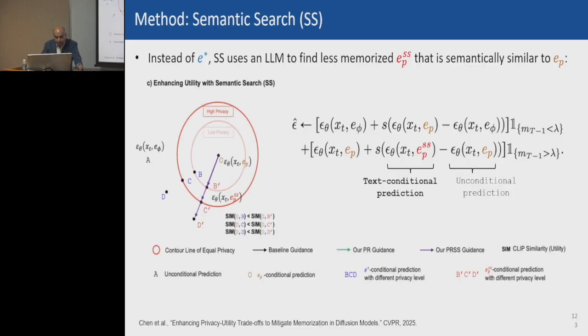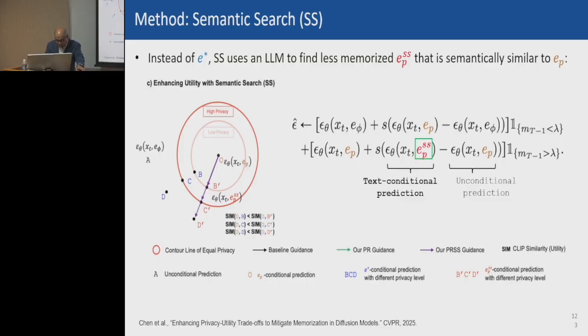Now we will have B prime, C prime, D prime, and that will make the similarity of OB prime better than OB, and OC prime better than OC, and so on.